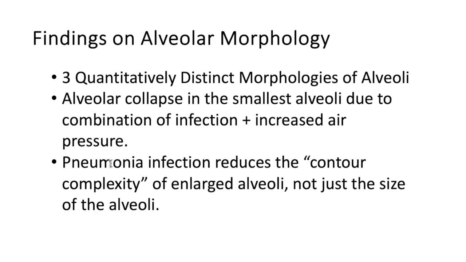Okay, and then lastly, pneumonia infection reduces the contour complexity of the enlarged alveoli, not just the size of the enlarged alveoli. Meaning morphology is likely a different mechanism of breathing problems as opposed to just reduced alveolar size.